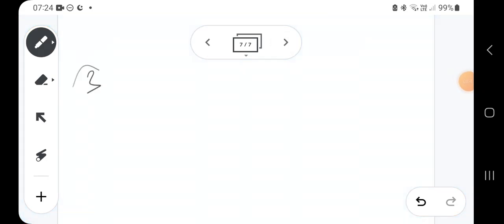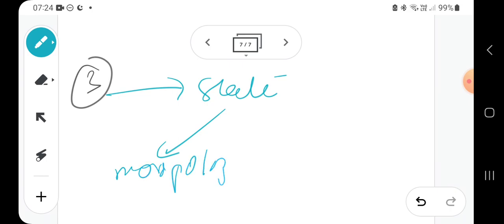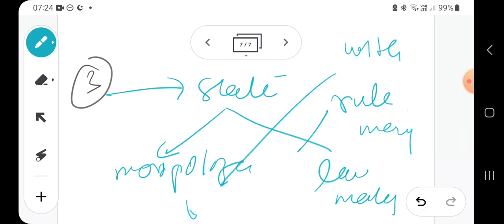And the third thing is that the state monopolizes lawmaking or rule making within that territory.